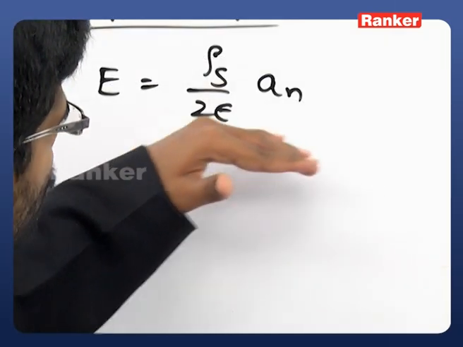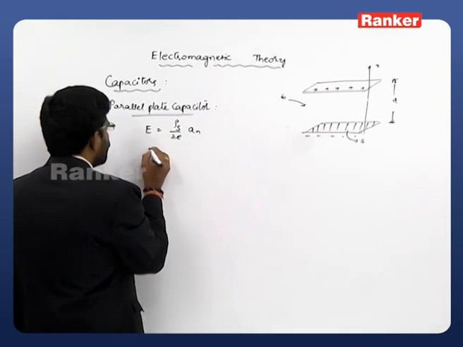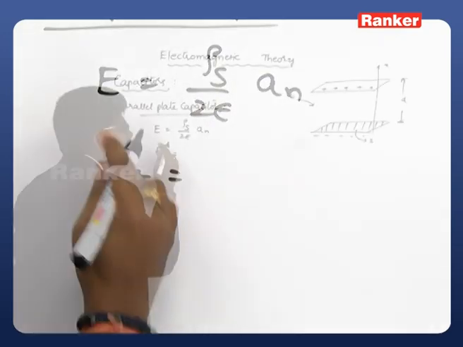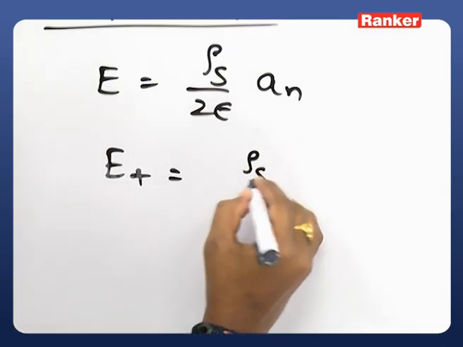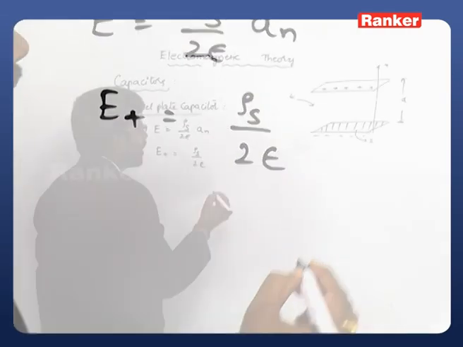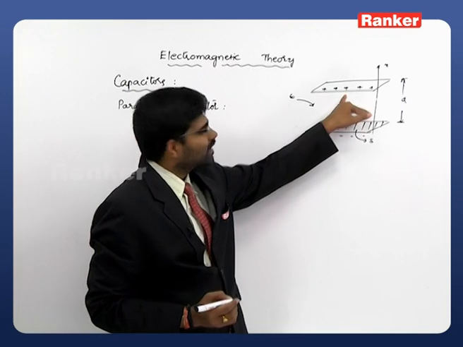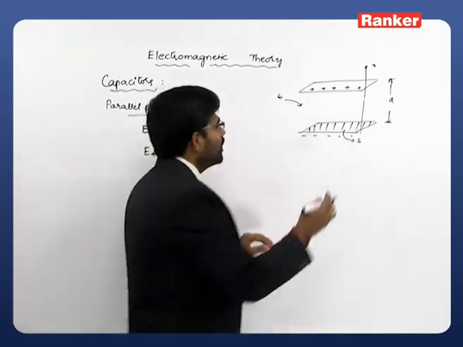So here we have to take the electric field intensity because of the positive sheet, which I am writing as E plus. The electric field intensity because of the positive sheet, that is the top sheet, is equal to, since it is positive charge, plus rho s by 2 epsilon. And what will be the direction? Normal to this plate. At which location are you calculating the electric field intensity?